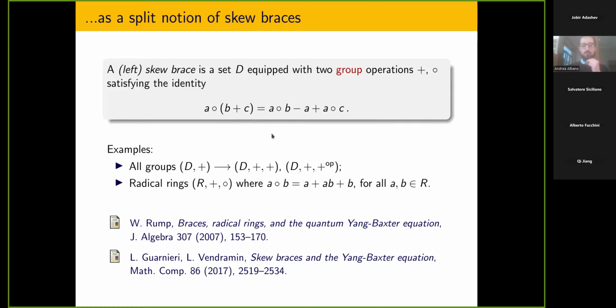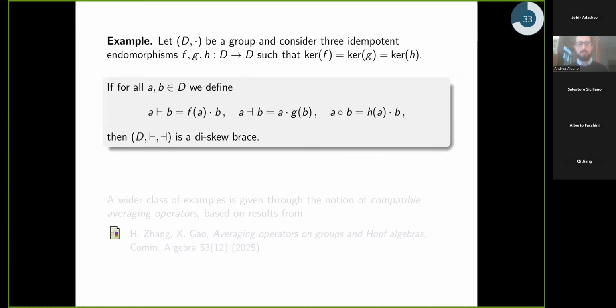Now, it can be proven that skew braces produce important non-degenerate, hence bijective, solutions. And this is exactly what we are trying to do now for these di-skew braces. First of all, before doing that, it's not quite easy to come up with examples of di-skew braces, because we have to come up with 3 operations that satisfy these weird identities.